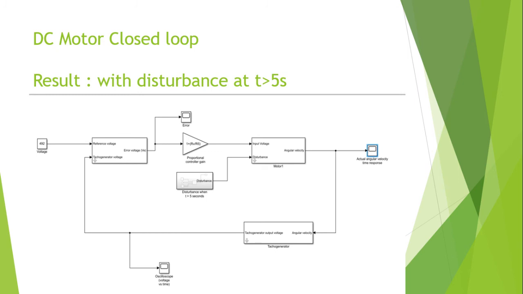As you can see from the diagram, there is a feedback system that we impose because it is a closed loop system, and for this we only require about 472 volt input voltage because it requires much less input to achieve 25 radian per second.